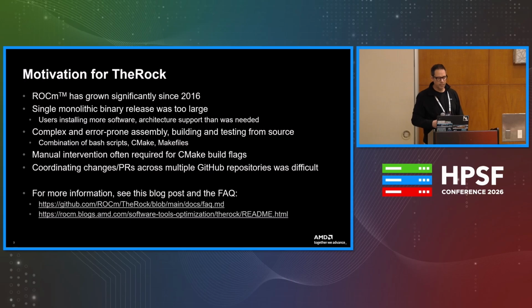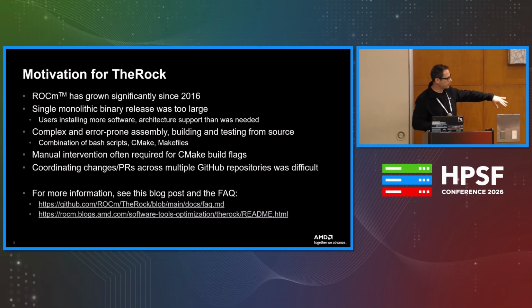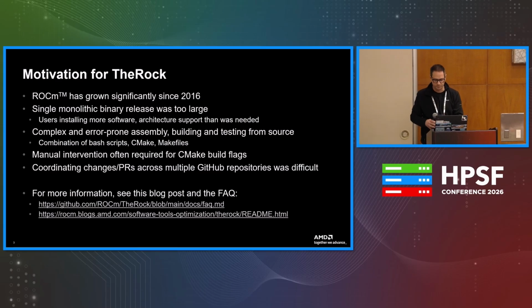And most importantly, coordinating changes and PRs across different repositories was difficult. And you can imagine if you're trying to merge in a change from one repository that requires a certain version from another repository, and none of it's coordinated in any automated way, it's very difficult. So if you want more information, the blog post explaining why the ROC happened and the FAQ related to it, there's a couple links there.